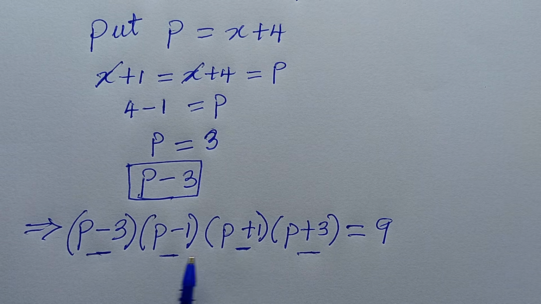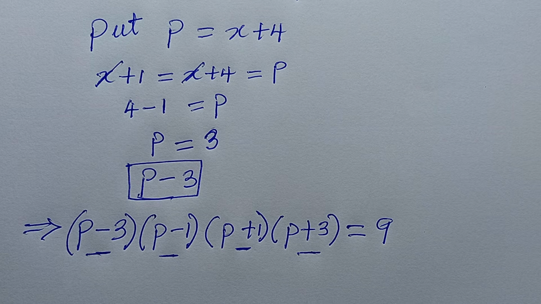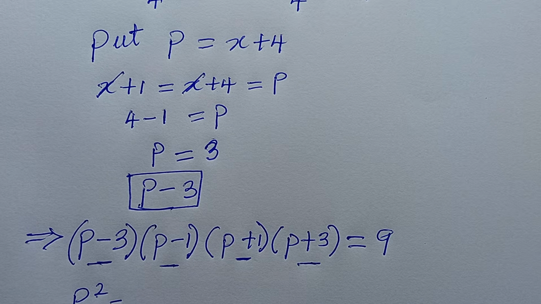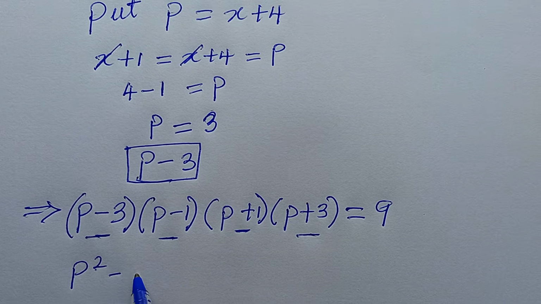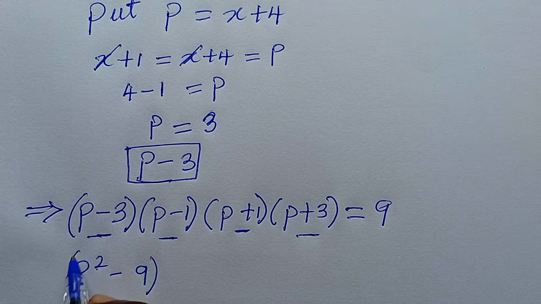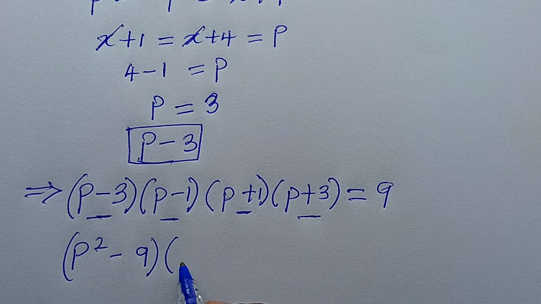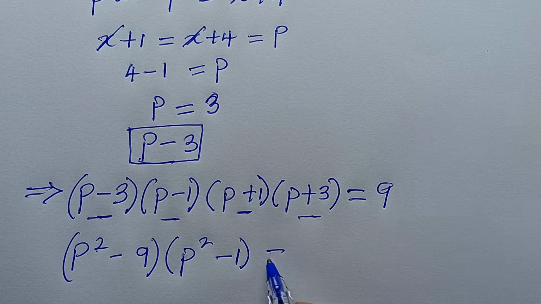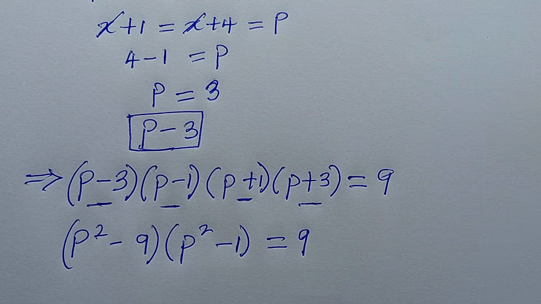So if we apply the law of multiplication of conjugates, what's going to come up here is (p squared minus 9)(p squared minus 1), everything equal to 9 here.